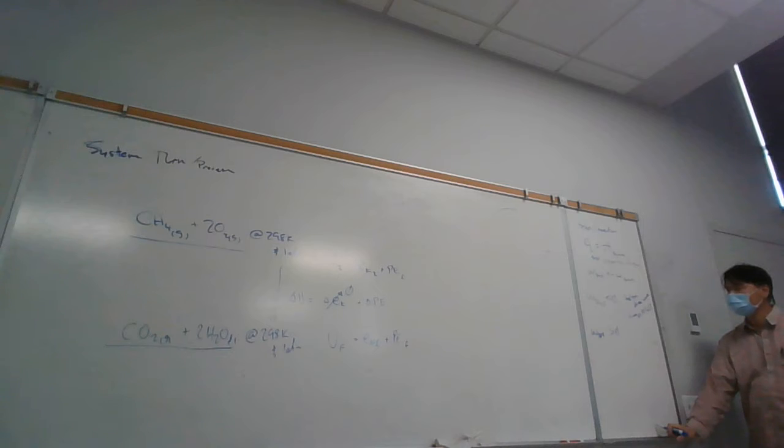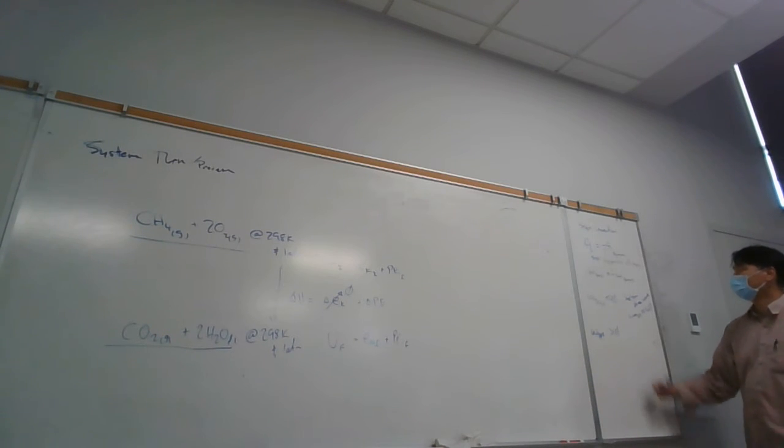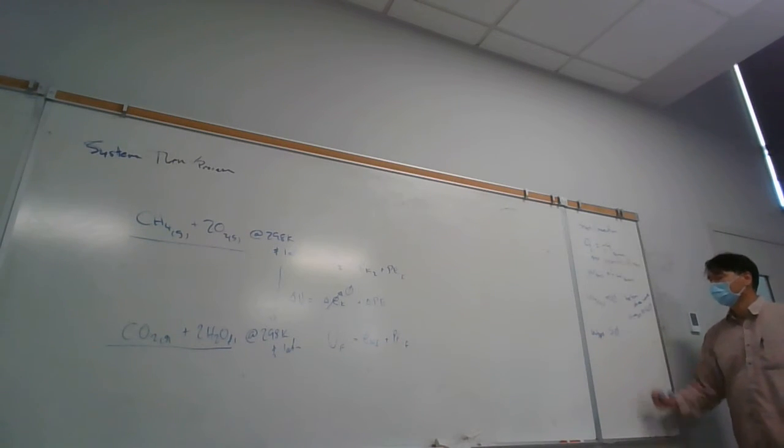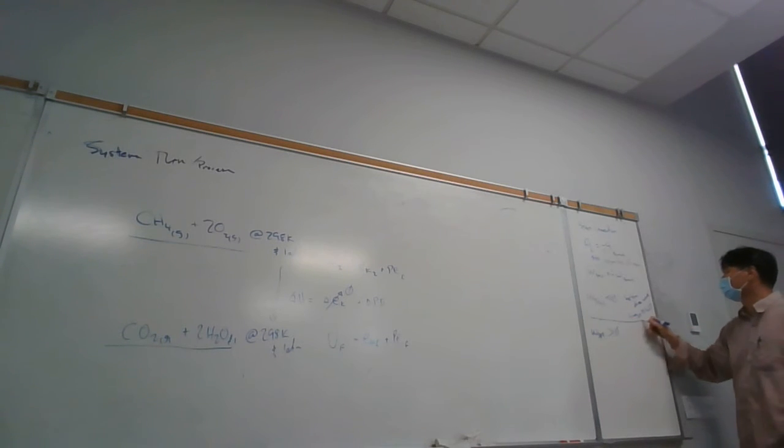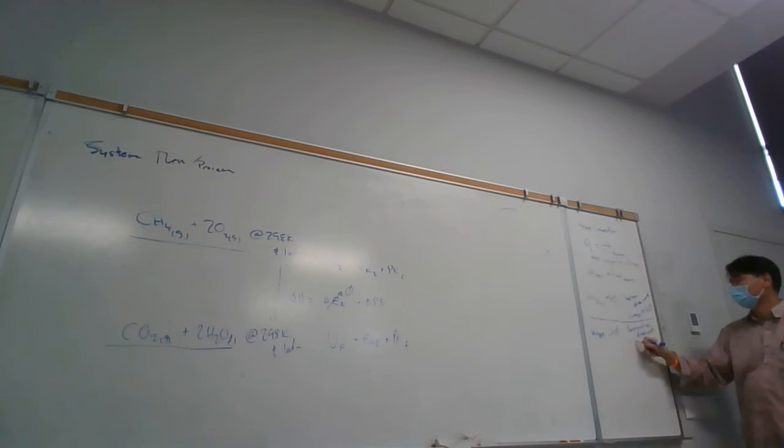If the work of the system is greater than zero, then that means the surroundings must have lost energy and the system gained energy. And so here, the surroundings do the work. Energy is gained by the system.